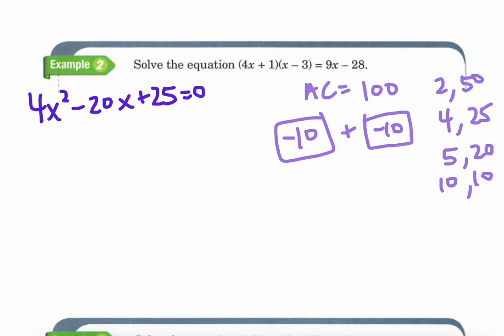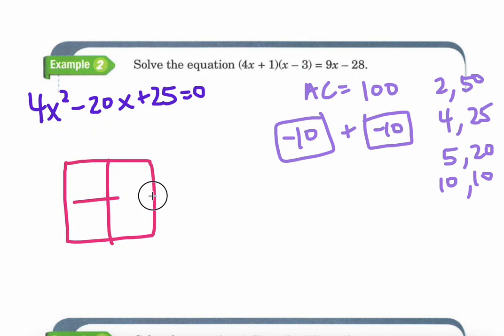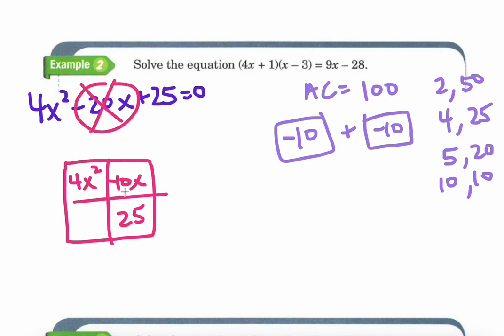Okay. Let me use my box method. So I have 4x squared and 25, but instead of this one, I'm going to use negative 10x and negative 10x. So what do these have in common? They have in common a 5, right? Because 5 times 2 is 10, 5 times 5. These two have a 2 and an x.